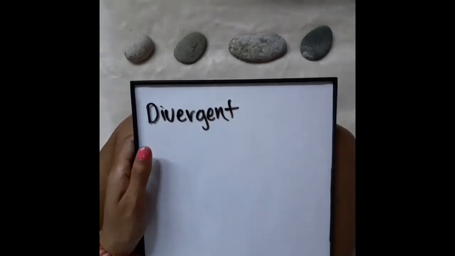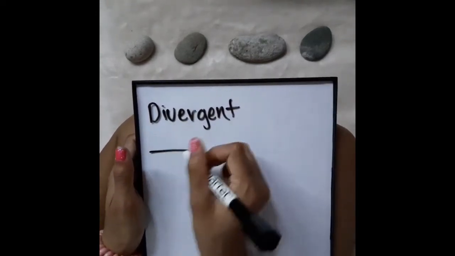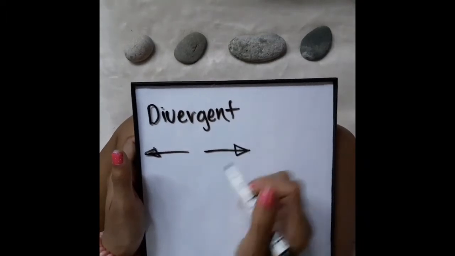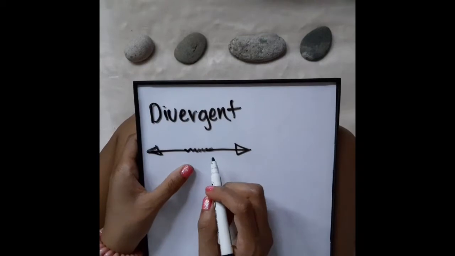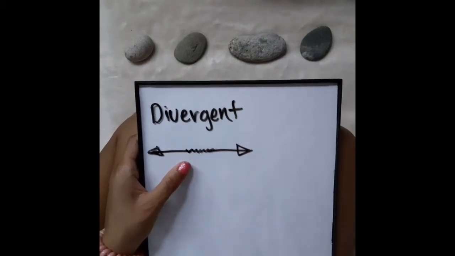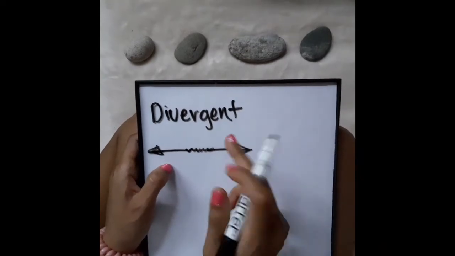So divergent plates actually move away from each other and create new ocean floors or continental rifts, which are the two types of lands that divergent plates create.